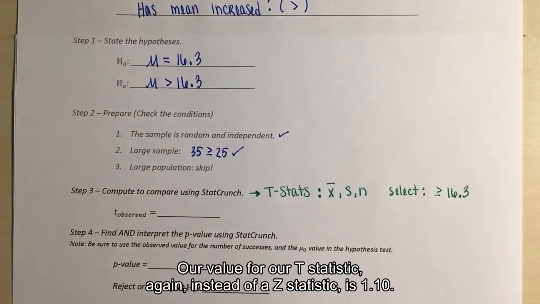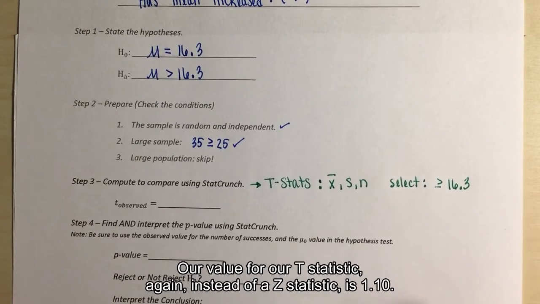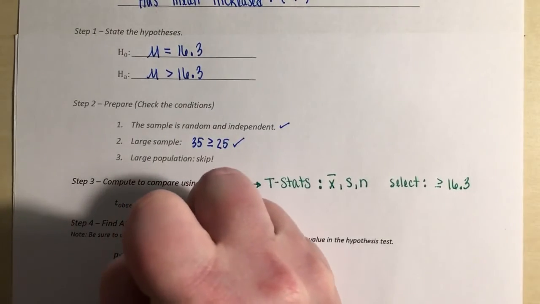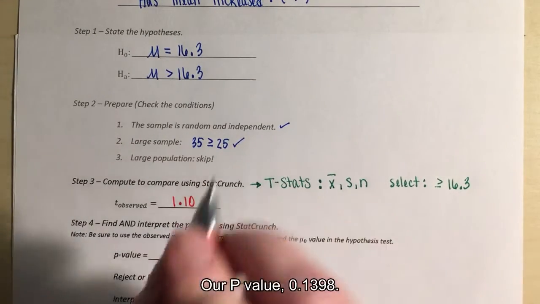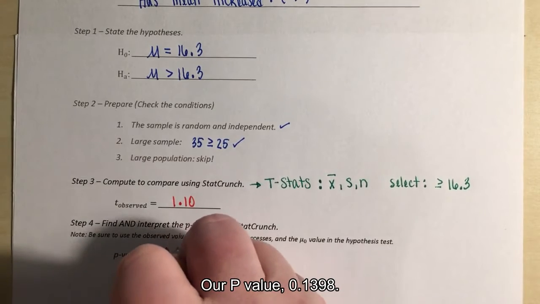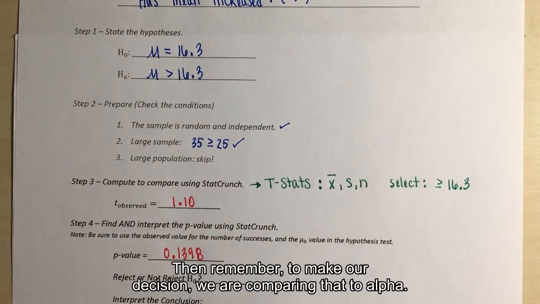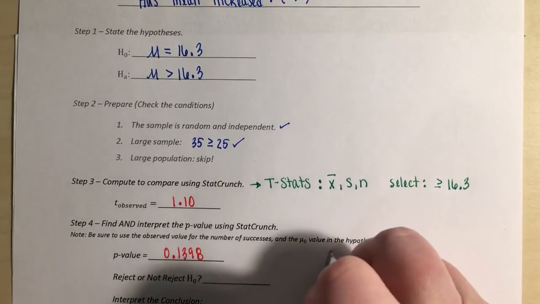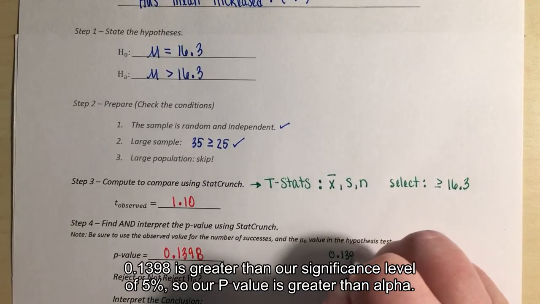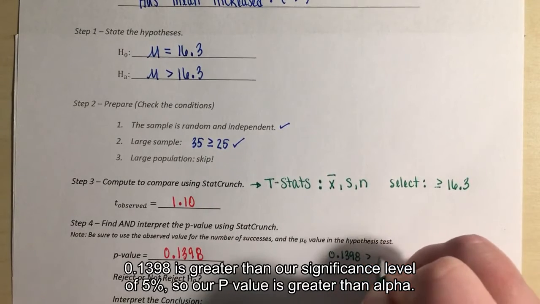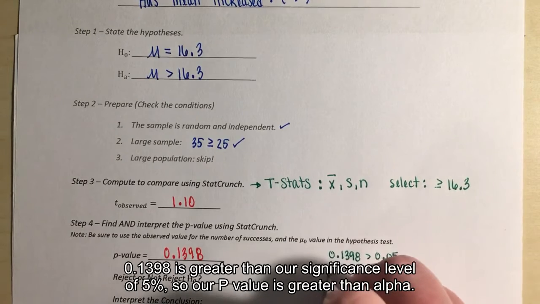So our value for our T statistic, again instead of a Z statistic, is 1.10. Our p-value, 0.1398. And then remember, to make our decision, we are comparing that to alpha. 0.1398 is greater than our significance level of 5%.